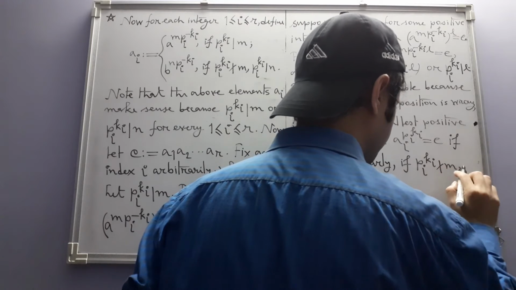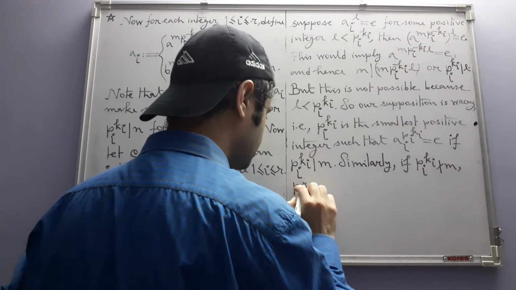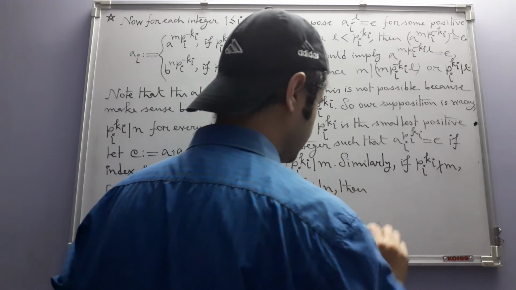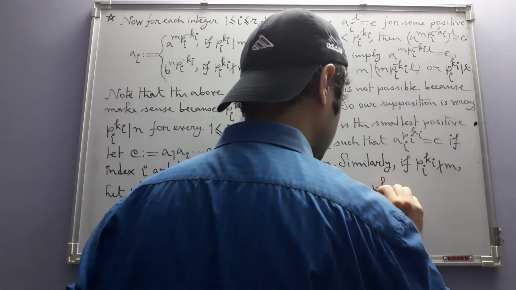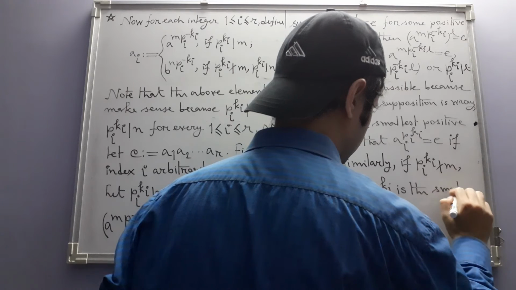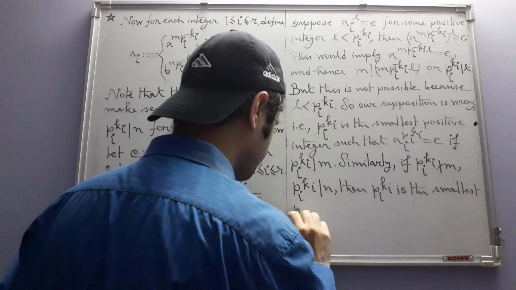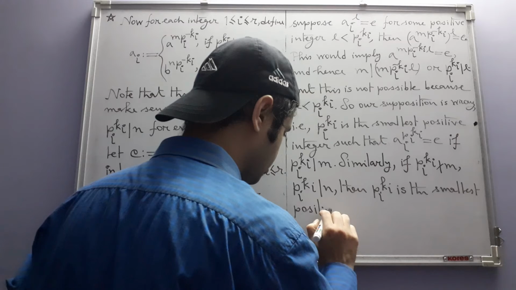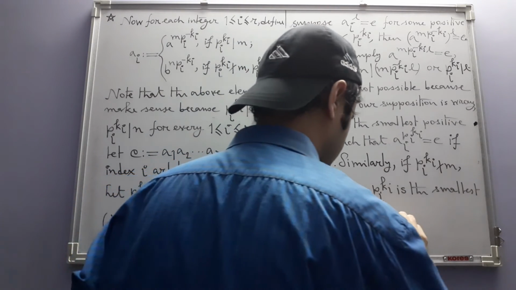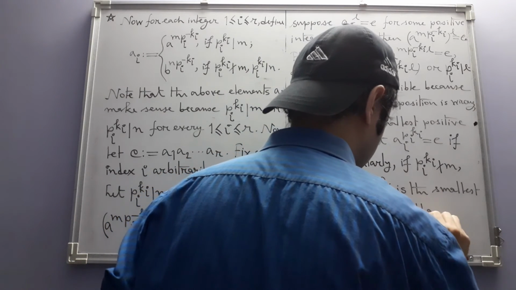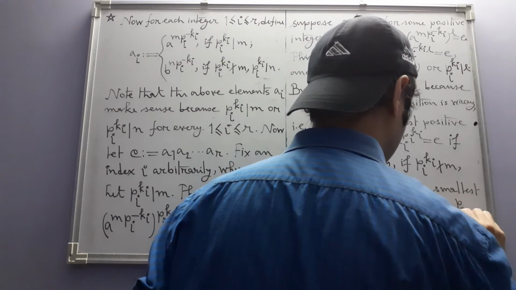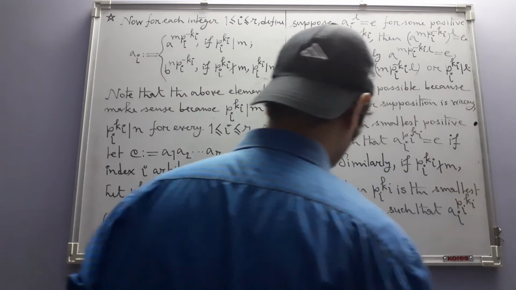If it does not divide m, but it divides n, then this is the smallest positive integer such that this is equal to identity.